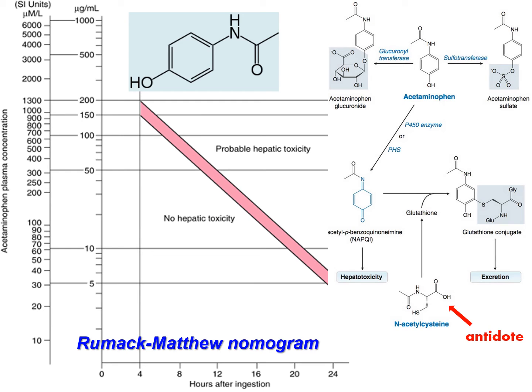For compounds like Tylenol, the possible poisoning and metabolism is so important and so well studied that we have special nomograms showing the amount of drug in bloodstream as a function of time.